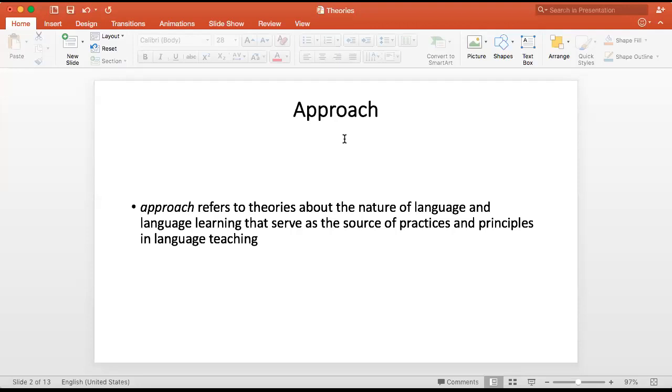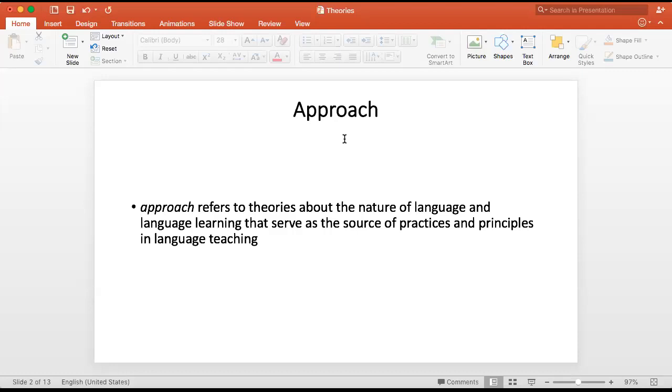Okay, so basically approaches are theories, right? Approaches are established theories that help in the developing of a certain method, and through these approaches practice and principles in language teaching take place. Okay, we teach language through certain principles and practices that are underpinned by certain theories, and these theories are basically approaches.